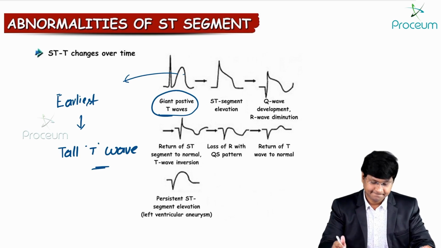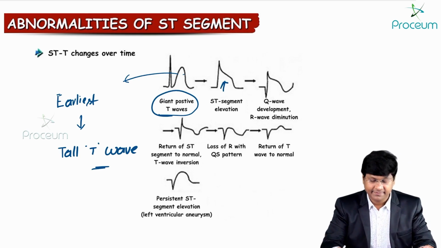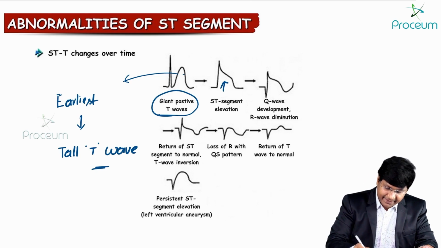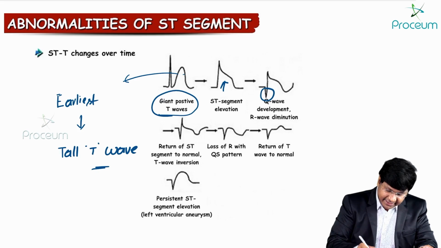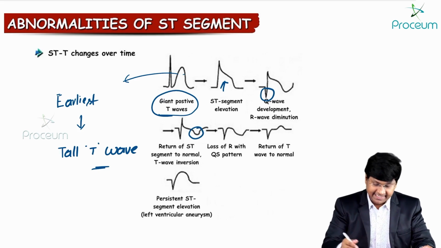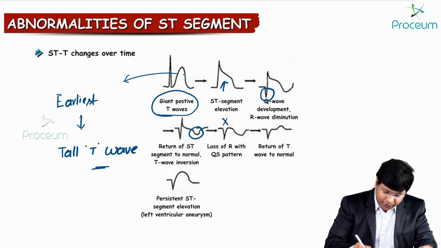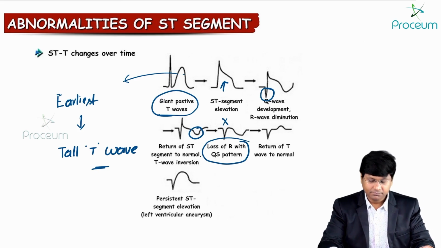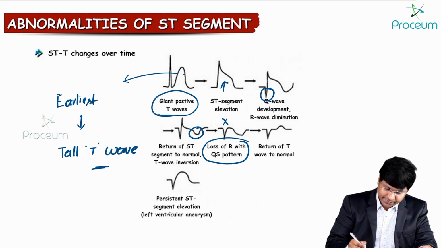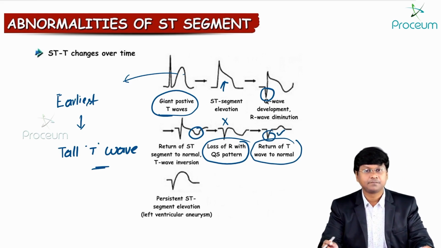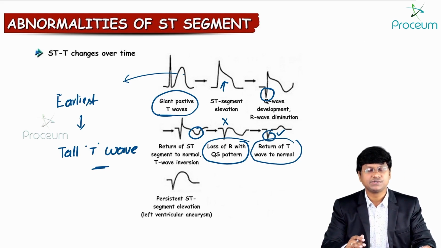Then followed by that, they will have the ST segment elevation. Then there will be appearance of the Q wave. Then there will be T wave inversion along with the Q wave. And subsequently, there is loss of the R wave. And ultimately, these individuals will have return of the T wave to normal, but persistence of the Q wave. This will be the serial ECG changes in MI.